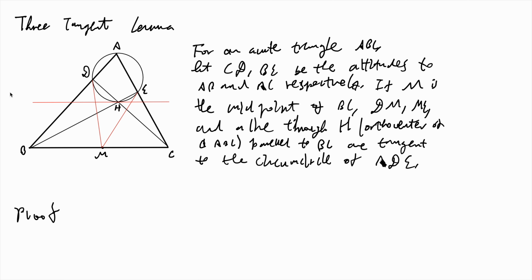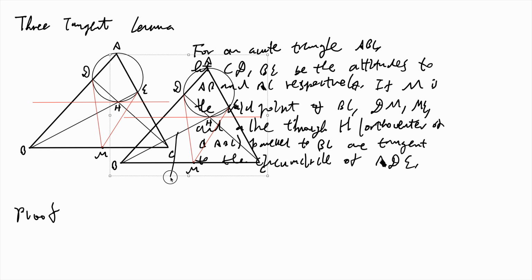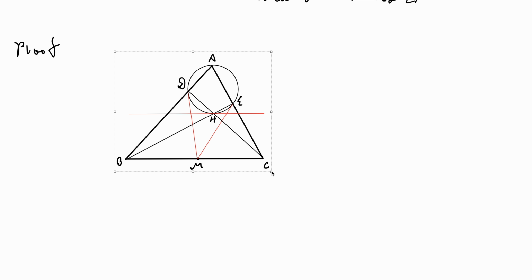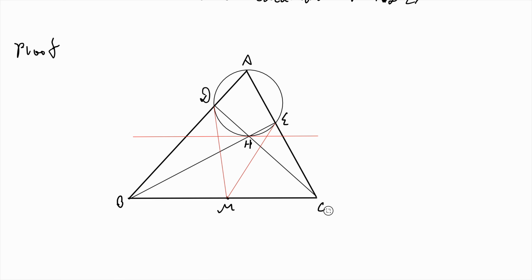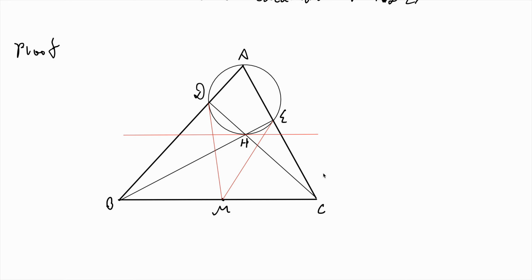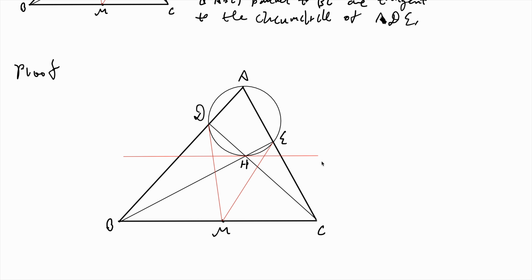We're going to use a few properties in geometry, and I'm not going to explain all of them here because I did explain some of them already in my previous videos, so please check them out. So how do we prove that these red lines are all tangent to this circle?